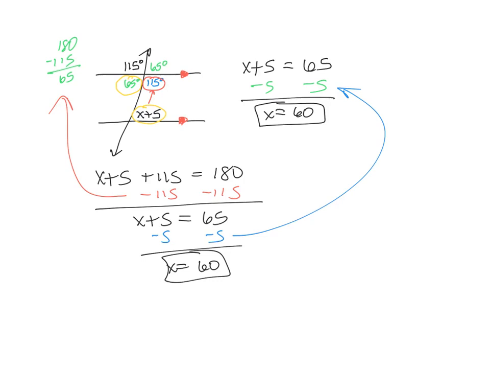So it really is the same amount of work. It's the same amount of steps. It's the same numbers. So totally up to you which one you go with. You're going to do the same stuff. Okay?